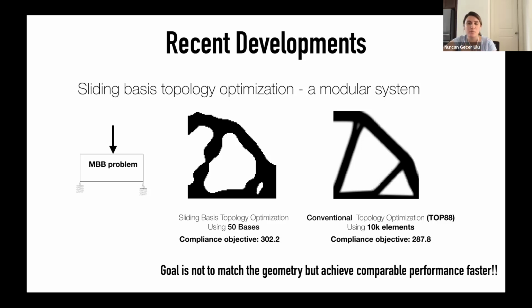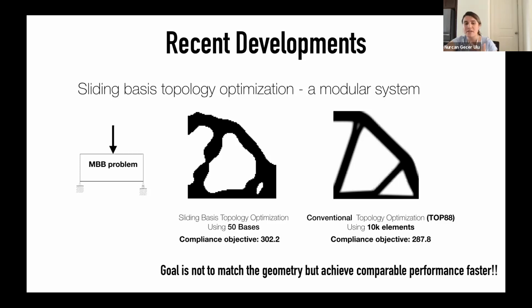And we also used the top88 MATLAB code, using 10,000 elements. Basically, we had the same resolution in both of them, but with the conventional one, we had to optimize for all 10,000 of the elements.